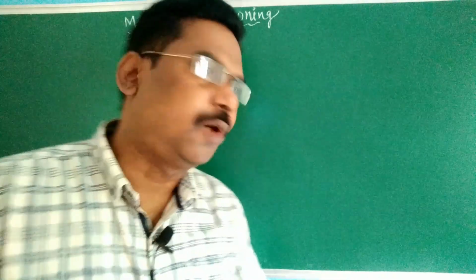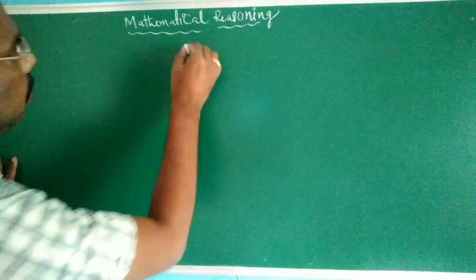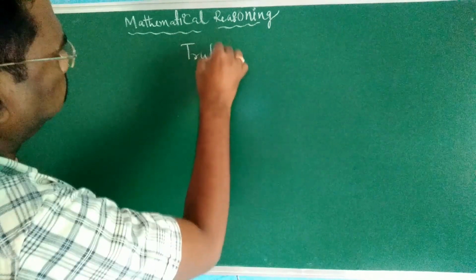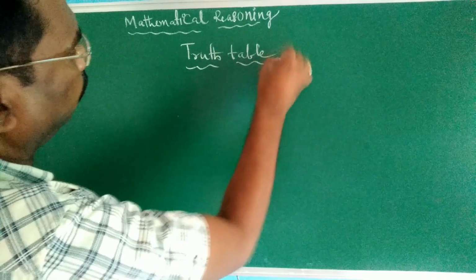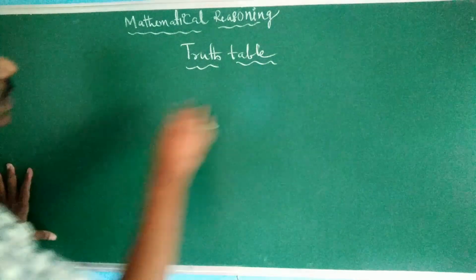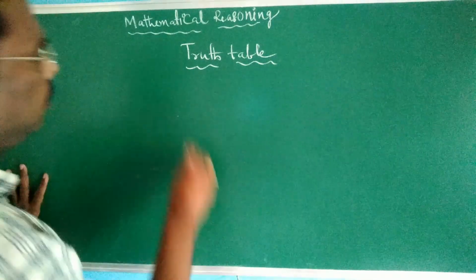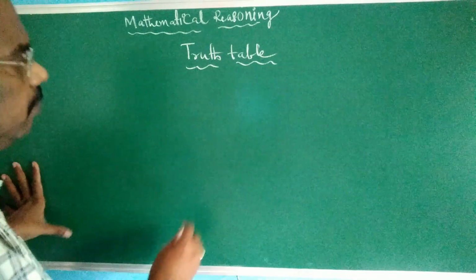The topic is mathematical reasoning. Now let's discuss the truth table. Here, n simple statements are given, and we make a table.